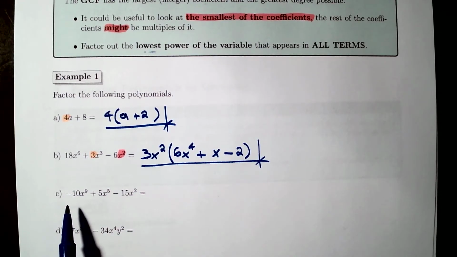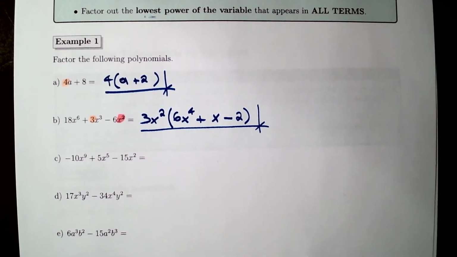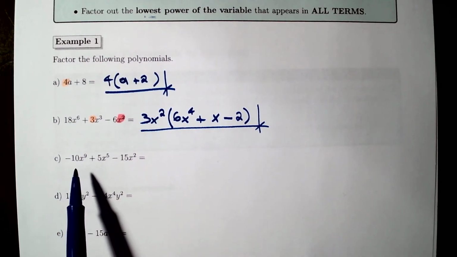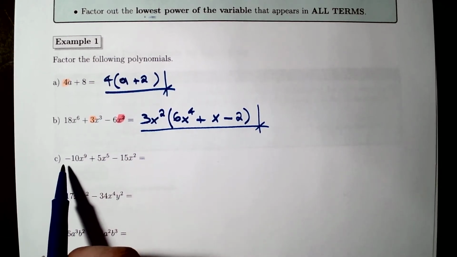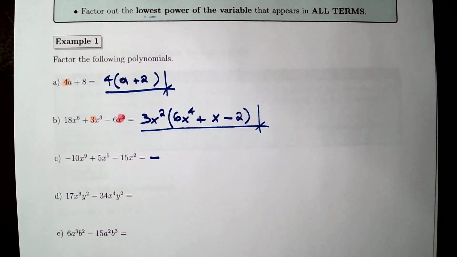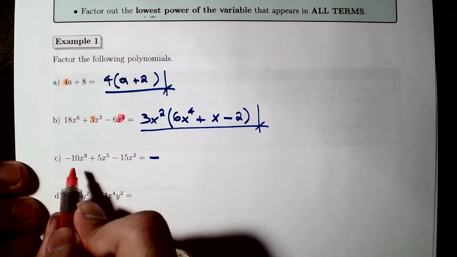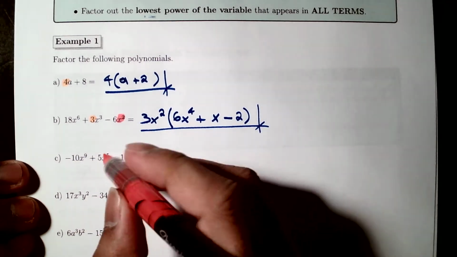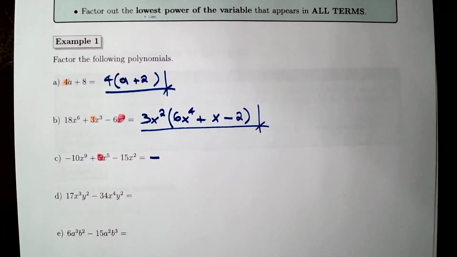Now for letter C, be careful when you have a polynomial that starts with a negative number. When you have that, you might want to consider the negative sign as also part of your GCF. So now let's observe the coefficients. We have 10, 5, and 15. The smallest of them, yes, you guessed it right, is 5.